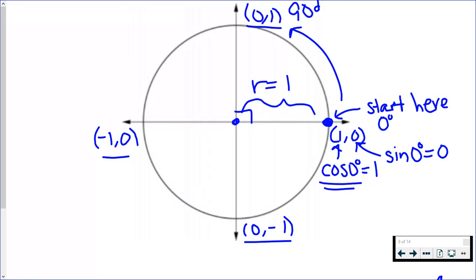So that means the cosine of 90 degrees is just the x value at 90 degrees, which is 0. That means the sine of 90 degrees would be 1. So you can probably figure out the sine and cosine of the other 2 points that I have on there. The next thing I'm going to talk about is the quadrants.